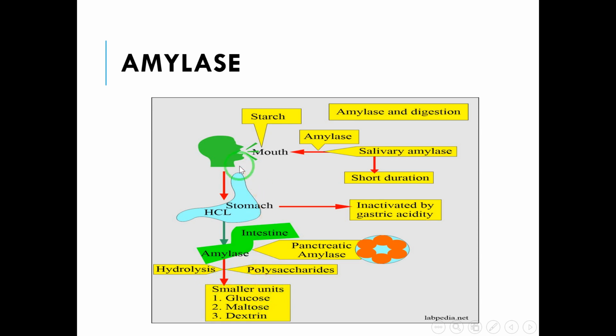So we have two types of amylase, or more than two, but the main isoenzymes are the S amylase, or salivary amylase, from the salivary gland, which initiates carbohydrate digestion in the mouth, and the pancreatic amylase from the pancreas, which also performs the hydrolysis of the carbohydrate and makes smaller units.